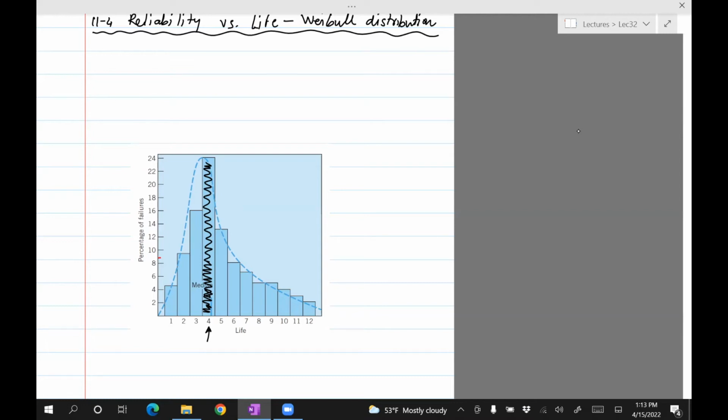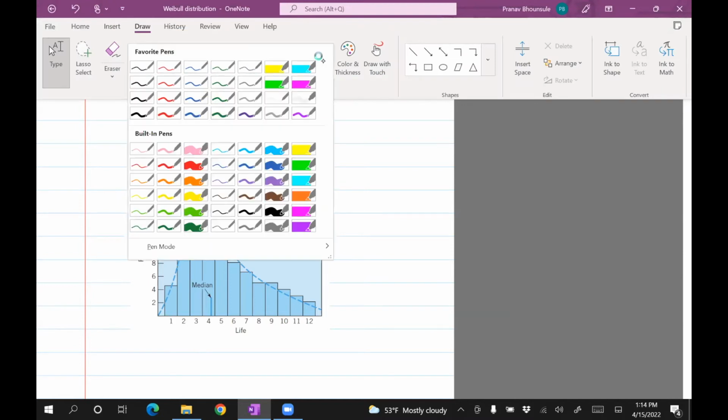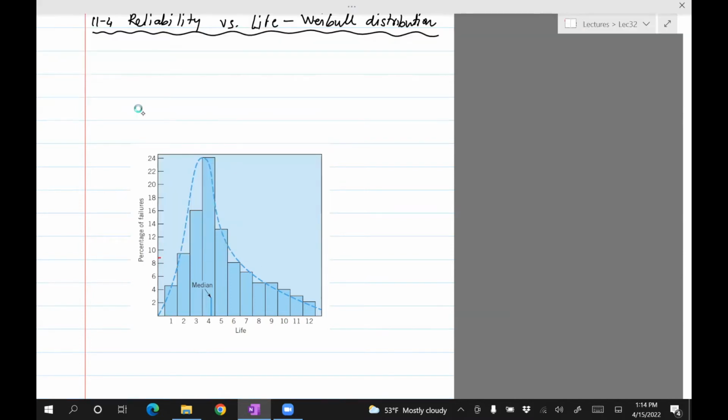You can see on the x-axis there's 1 through 12, in some units, and the peak is not exactly at the mean, which would be at the middle, at 6. Okay, so that's the Weibull distribution for you. You can fit a curve, and the dashed line is a curve which is basically the Weibull distribution. This plot here is known as a PDF, or a probability density function, f of x.